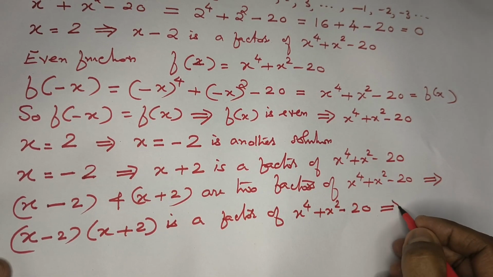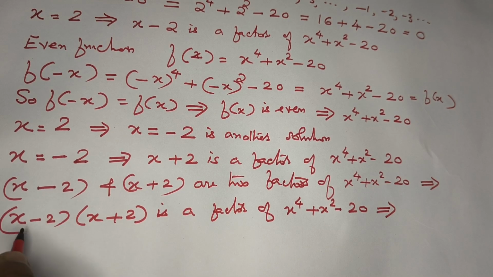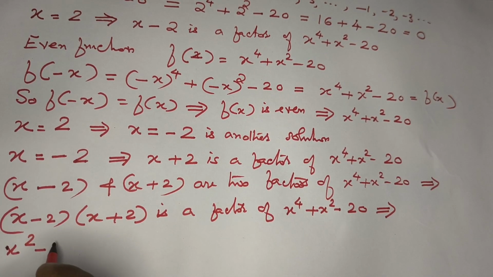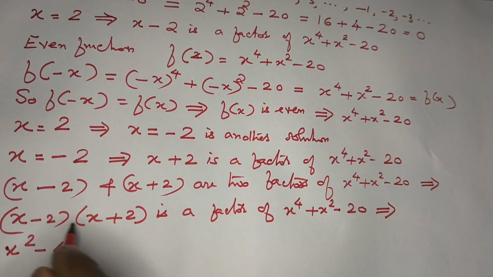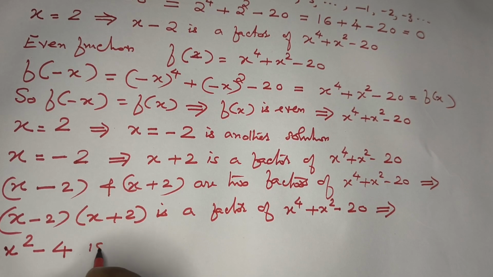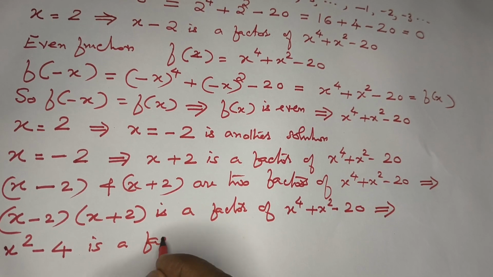This implies what? Using a plus b into a minus b, this will reduce to x square minus 2 square, which is x square minus 4. That's what you get by multiplying these two. This is a factor of the polynomial.